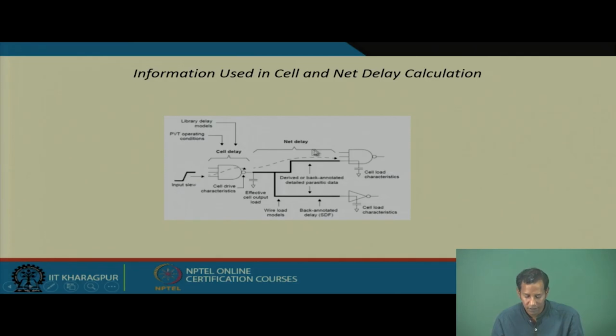So, how to calculate this net delay? The net delay is basically dependent on the wire load models and the back annotated delays as well as the detailed parasitic data. Detailed parasitic data means depending on the wire load model, the length and which metal you are using, you will get different capacitance and resistance values, and depending on these you will find out its delay.